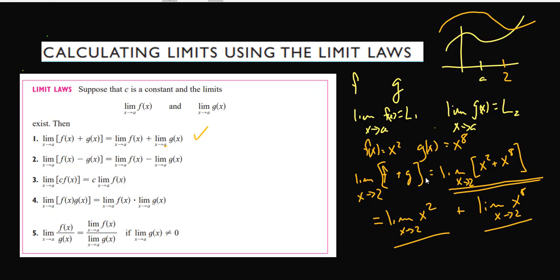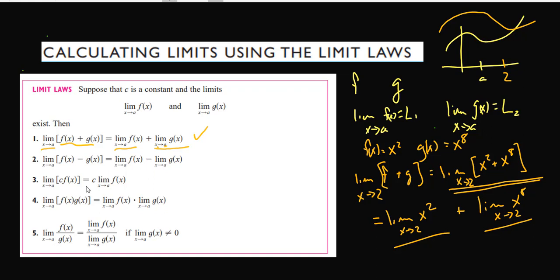Okay, so what we're saying is whenever you have the sum of two functions and you want the limit of that, you can break it up into the limit of the first one plus the limit of the second. That's what this says. Whenever you have the sum and you want the limit of that sum, you can if you want. You don't have to, but you have the option of breaking it up into this separately and this separately and then add.